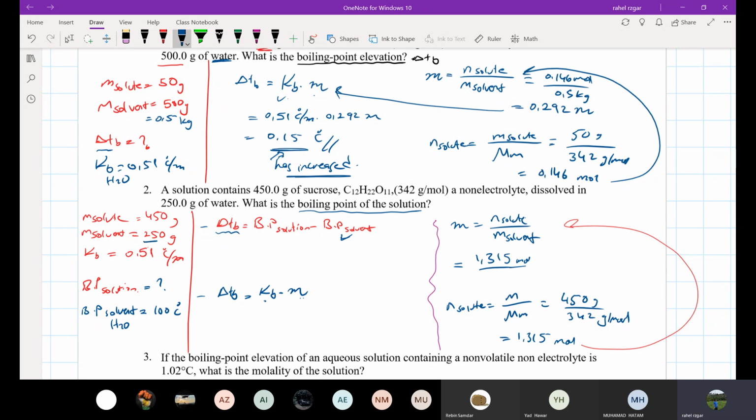Again, don't forget to convert the mass of solvent to kilograms. So it's 0.250 kilograms or 0.25 kilograms.